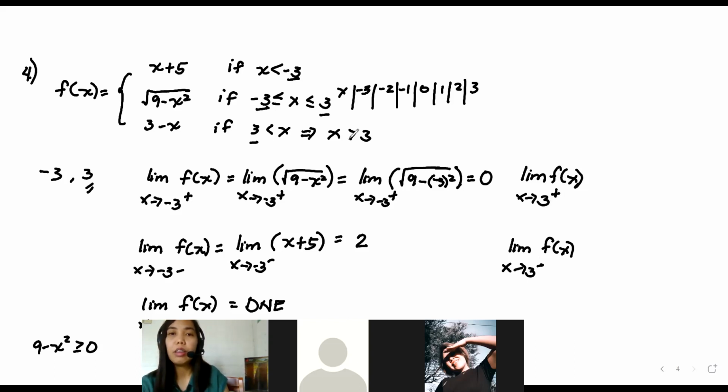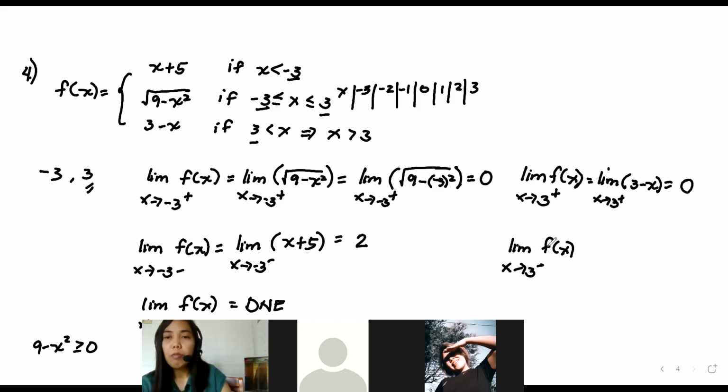So, greater than this one. So, we will choose this function. So, we'll have the limit of 3 minus x as x approaches 3 from the right. So, this is again a linear function. So, we'll just do direct substitution. 3 minus 3, the answer is 0.